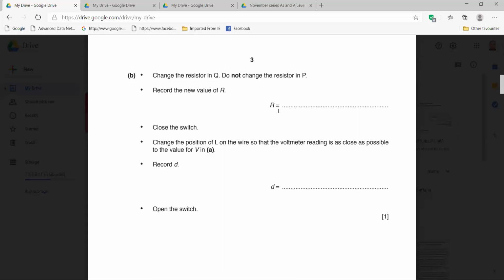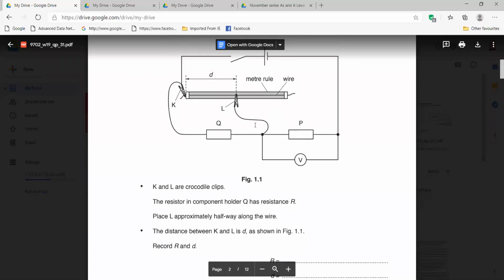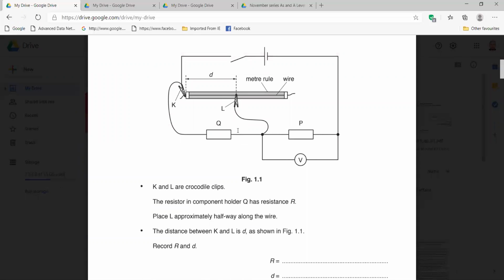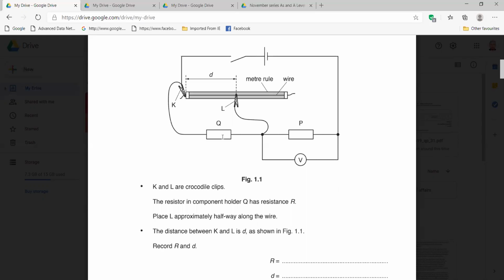Resistance, for example, it is now 32 ohms. If you give here 32 ohms, then what happens? It is still 10, but this side increases, right? Q increases.